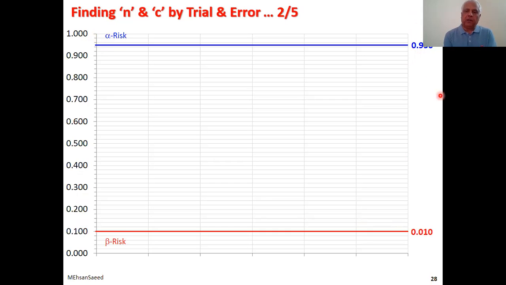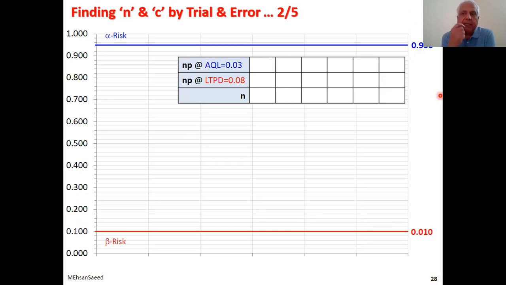Okay, for trial and error, which I call tukebazi, it is always useful to make a little table, the trial and error table. What we are going to do in this is make the calculations. In the bottom row, we will use our trial and error sample sizes, and we always start with 100.